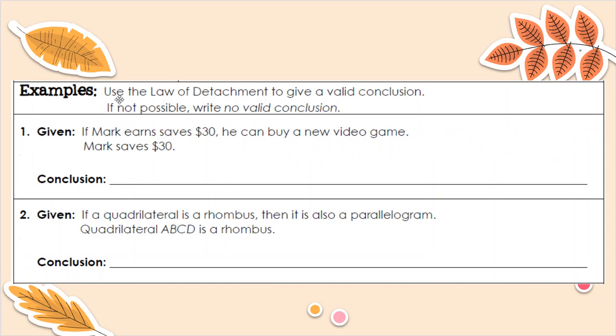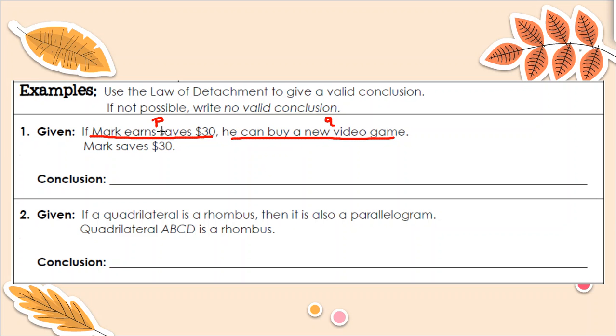So here are some examples where we're using the law of detachment to give a valid conclusion. Our first says if Mark earns $30, he can buy a new video game. So this is our if-then statement. If P, then Q, then he can buy a new video game. And then here, Mark saves $30.